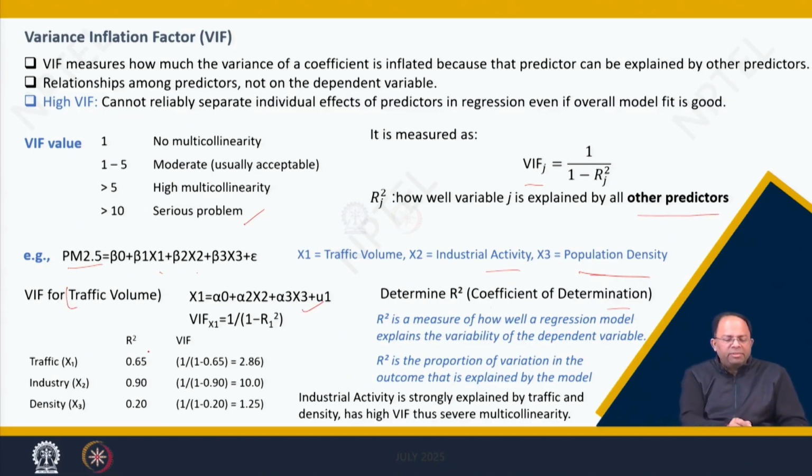Once we do the analysis like this for every predictor variable, for how it is related with the others, we get an R square value, and that we have recorded. When we take traffic as the target variable, the R square value is 0.65. If it is industry, it is 0.9. If it is density, it is 0.2.